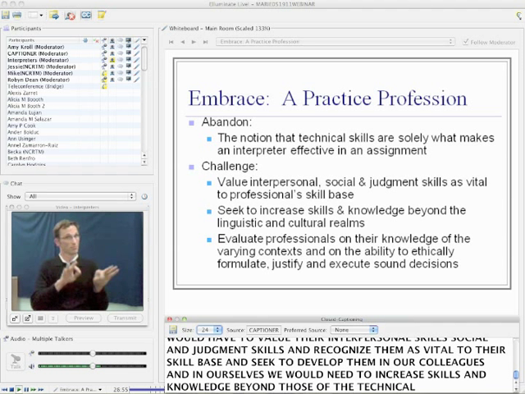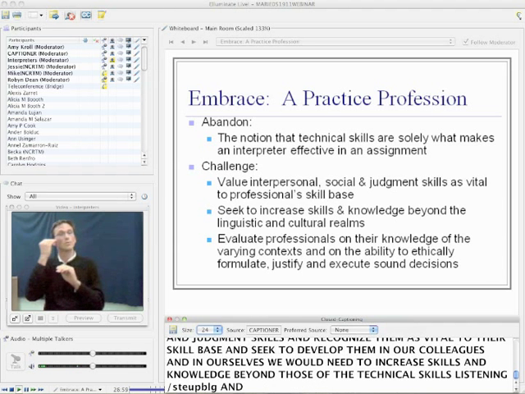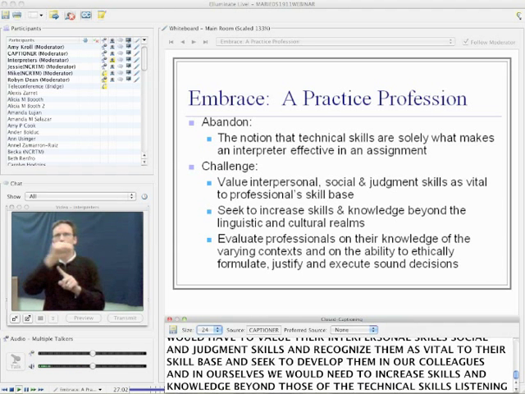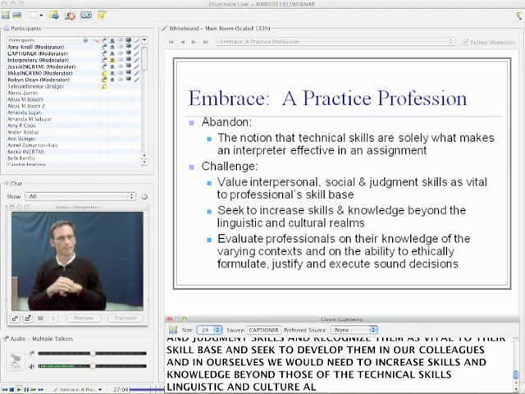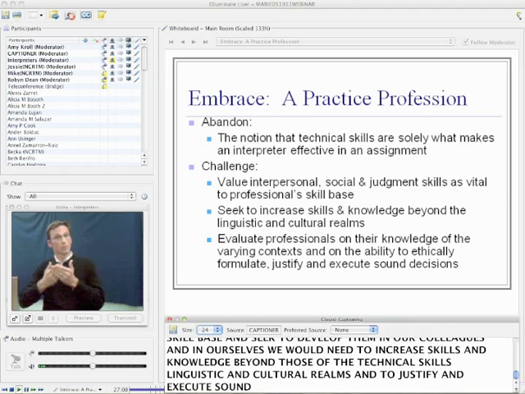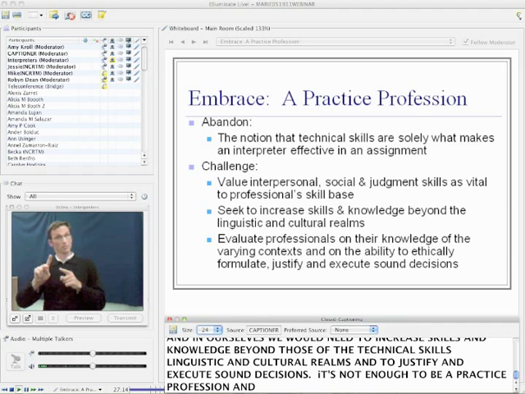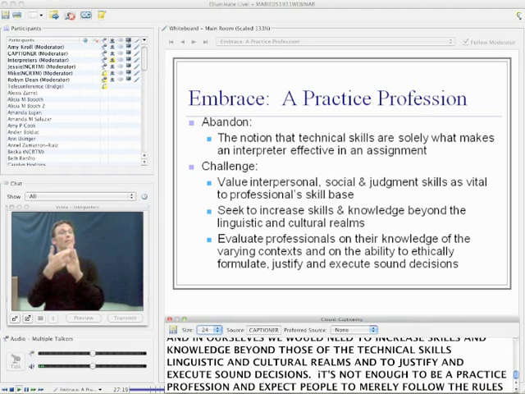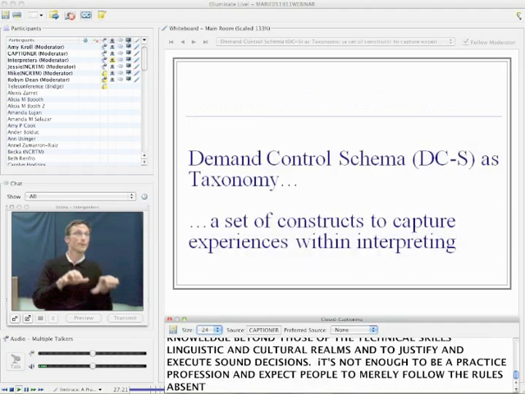And we would have to evaluate professionals on their knowledge of the varying context and on the ability to ethically formulate, justify, and execute sound decisions. It's not enough to be a practice profession and expect people to merely follow the rules absent of the contextual importance.